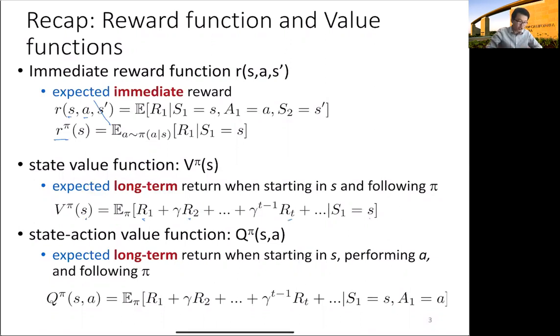The state-action value function says that when you start at state s and action a, then you roll out with policy pi, and then the total sequence of reward, and you take expectation, gives you the q^pi function. So with this definition, we're not restricting what this policy pi could be.